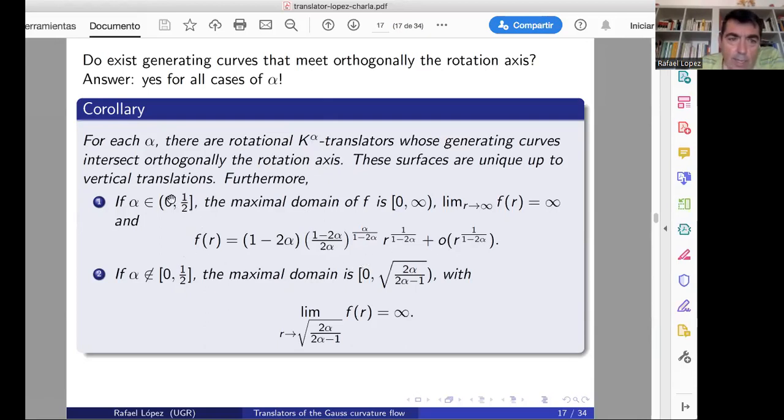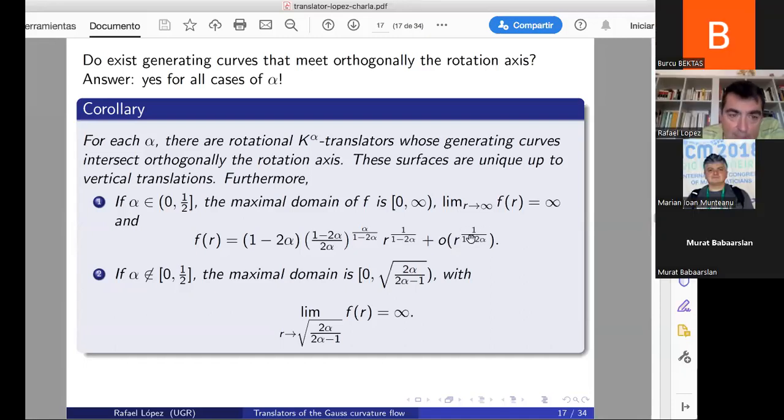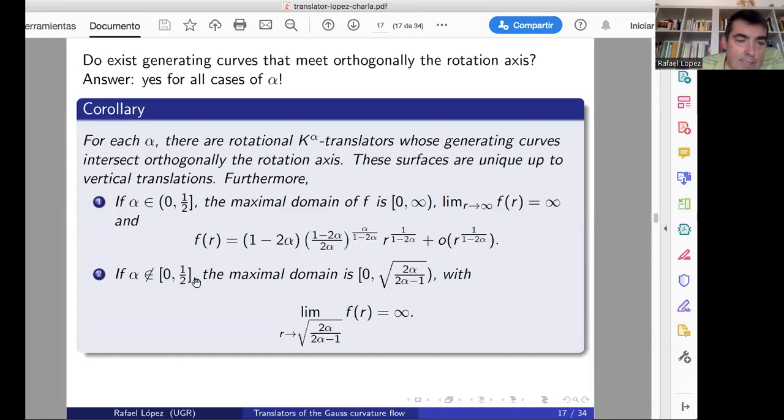If you remember, the function f is defined on the real line, and then we know the behavior at infinity is like a power. And when alpha is not in this interval, it is defined in some finite interval, but here the left endpoint is 0.